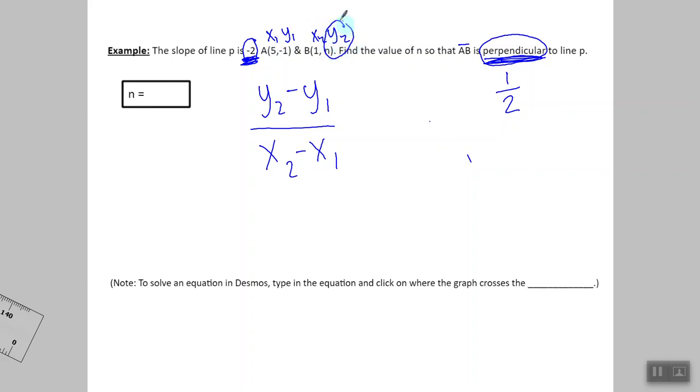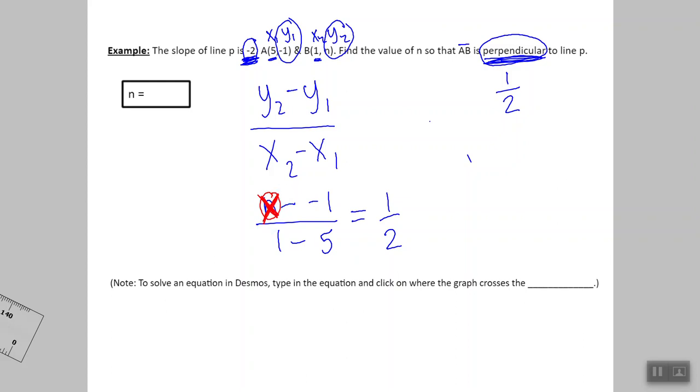Let's plug the y's in. n minus -1 over 1 minus 5, and that has to equal 1/2. Now I'm going to use Desmos to solve this equation. When I use Desmos, however, I do need to type in whatever the variable is. Instead of that letter, I need to type it in as an x.